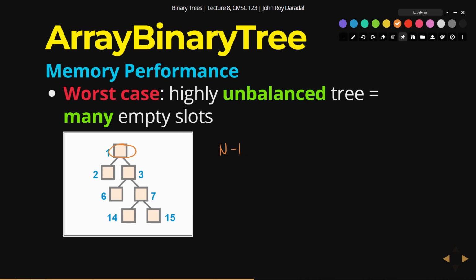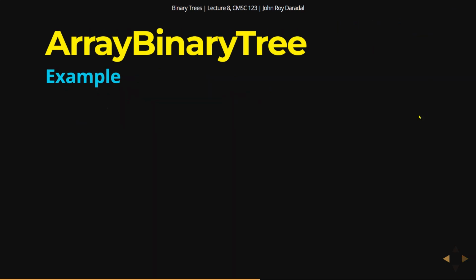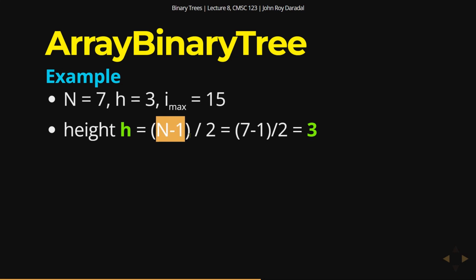So we have 3, right? But how do we get 3? We get 3 because at each level there are 2 nodes, right? So we'll divide this by 2. Okay, so n, which was 7, so 7 minus 1, this is 6, over 2 is 3. So this is our height. Height is equal to 3. Okay, so yeah, so that is how we computed for the height. Okay, going back here, so it's n minus 1 over 2.